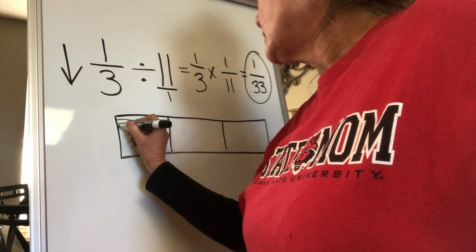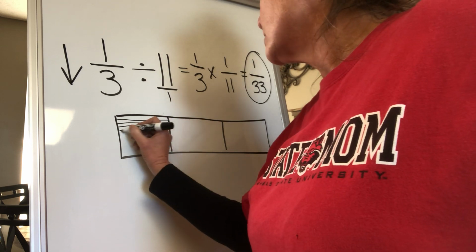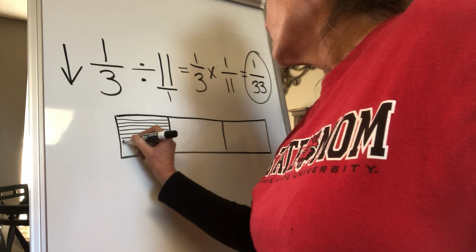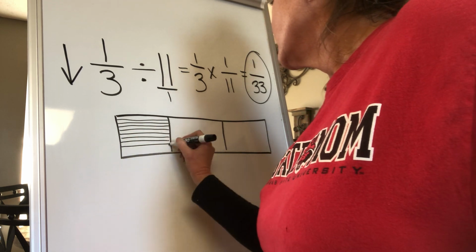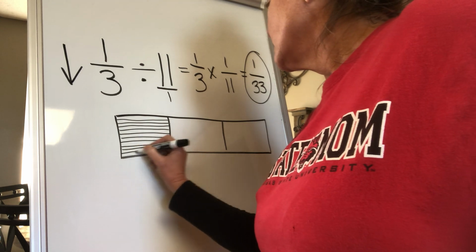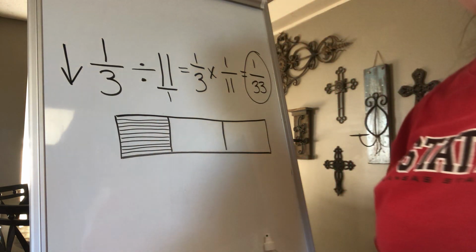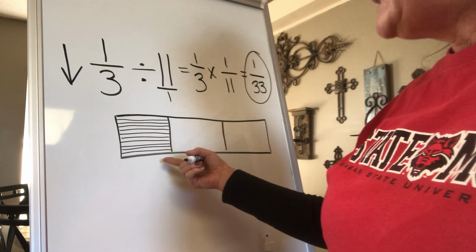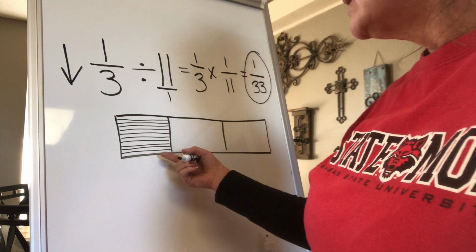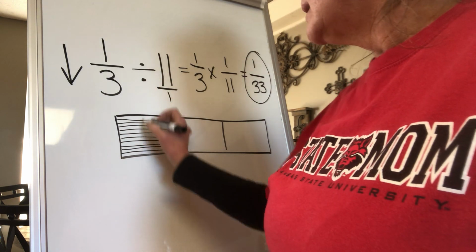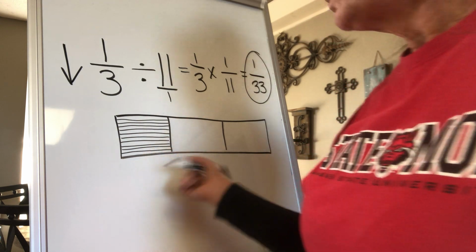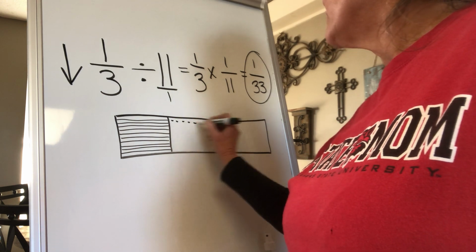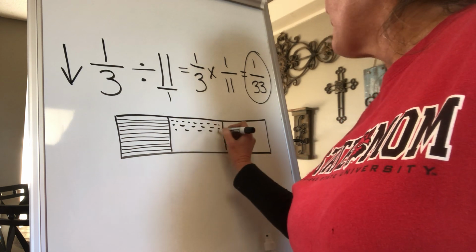So I could split one of my thirds into 11 pieces. So I know that each of these would be 1/11, correct?